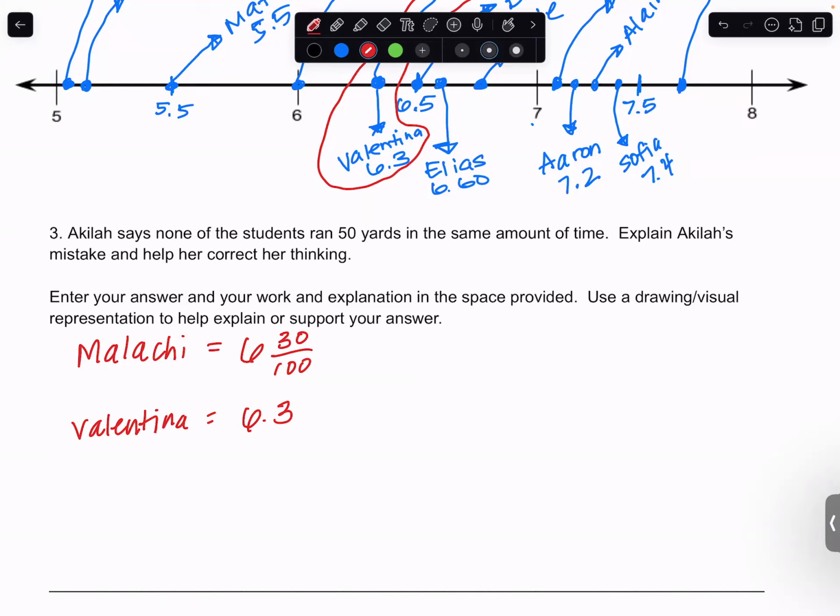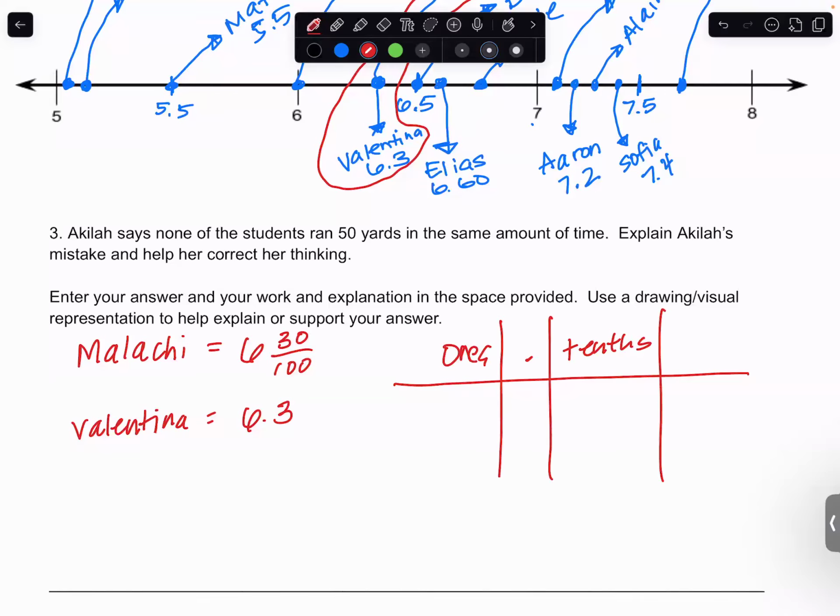So decimals and fractions are used interchangeably. So if we are to go and create our place value chart, we have our tenths, hundredths. Remember, hundredths is anything over 100. Tenths, anything over 10.